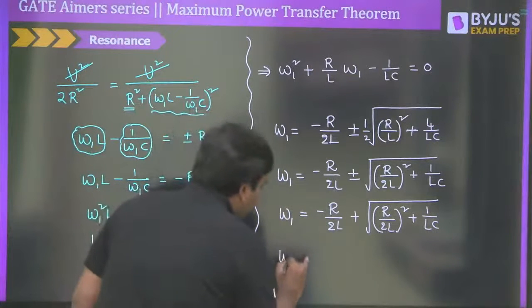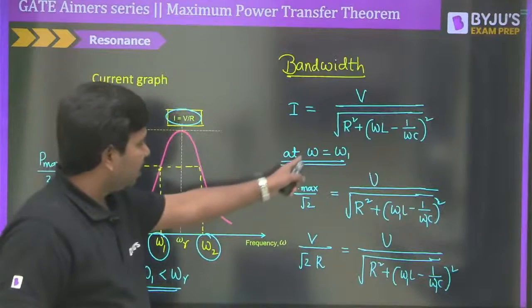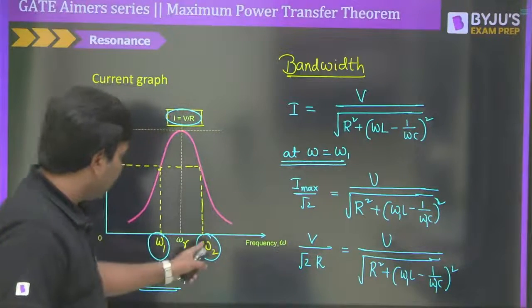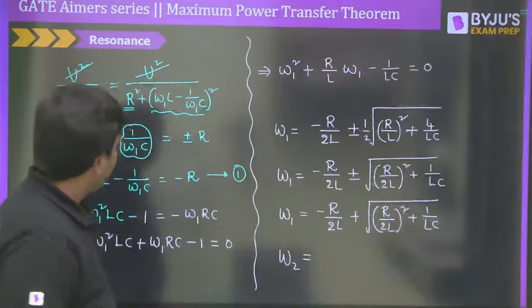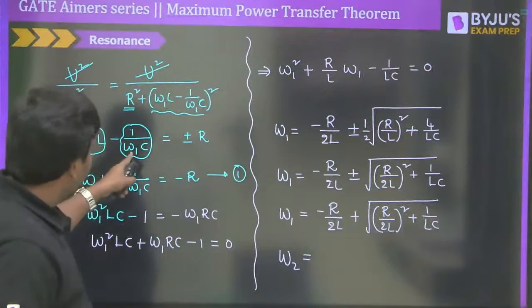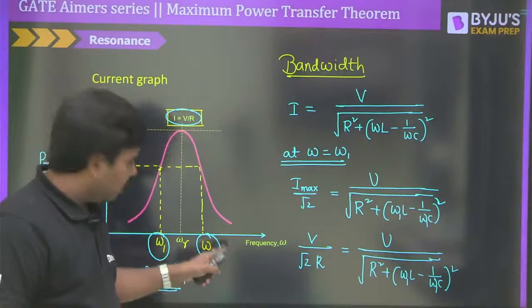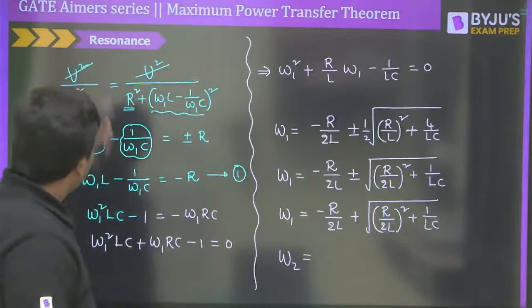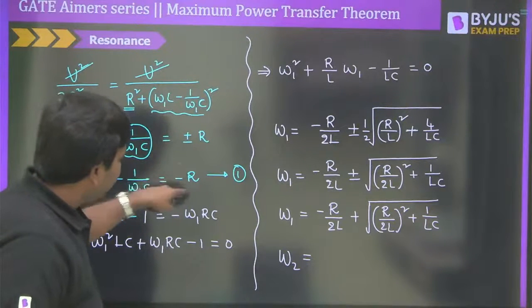Omega 2 is what? If you do it in a similar format, we again have to put omega equal to omega 2, and follow the same approach. Everything is the same. The only thing is, when we put omega 2 here, omega 2 is more than omega R. Every calculation is the same. Instead of minus R, you will get plus R here.